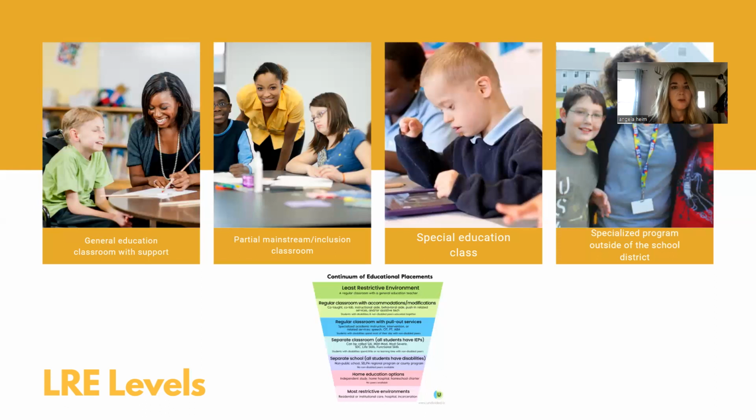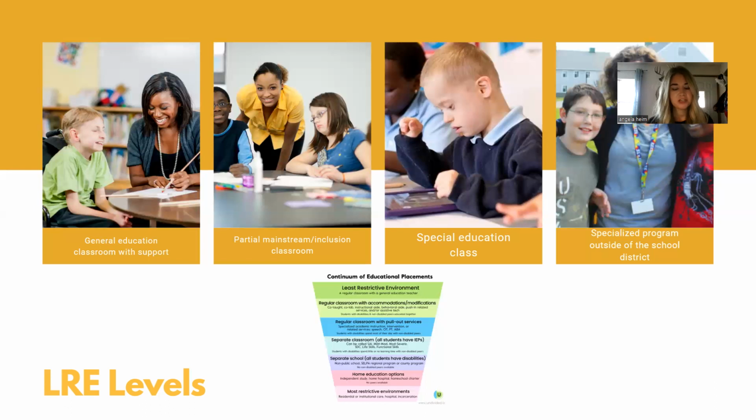Partial mainstream inclusion classroom: the student will spend part of the day in the general classroom, but they'll also get instruction in the special education classroom, or they may be pulled out for special education services. So the teacher, the para, the special education teacher, and maybe a speech pathologist are all going to be working with the student in this scenario.